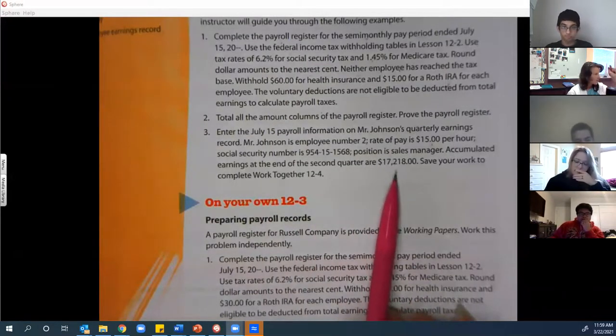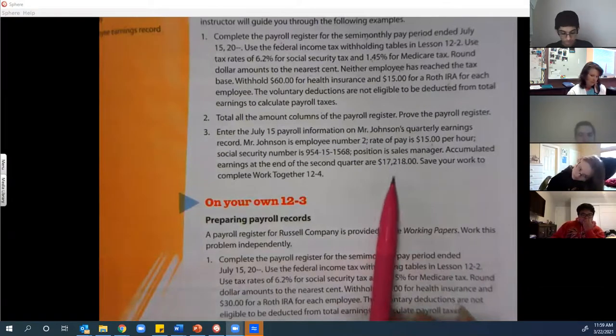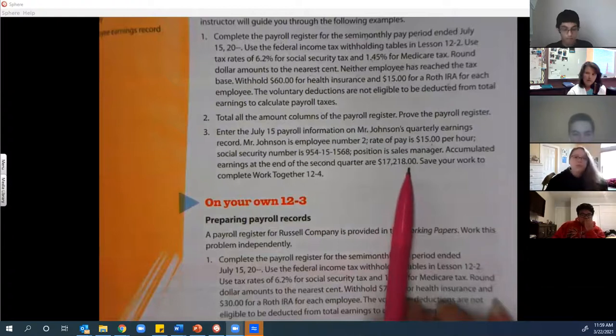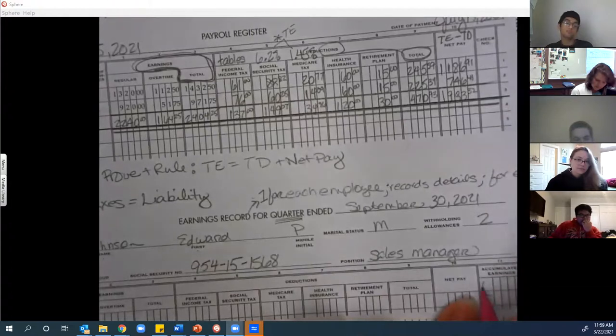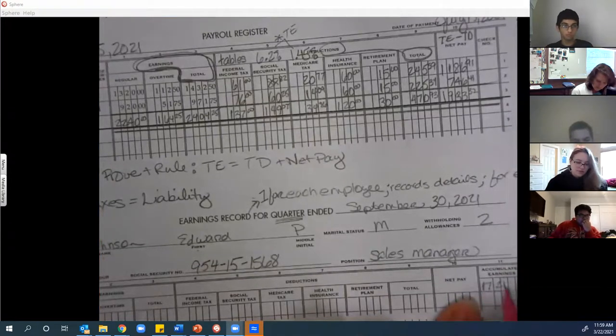So that means January through the end of June, he's made this much. That's important because we're continuing on with a new quarter here. So that number, 17,218, is going to start us off right here.